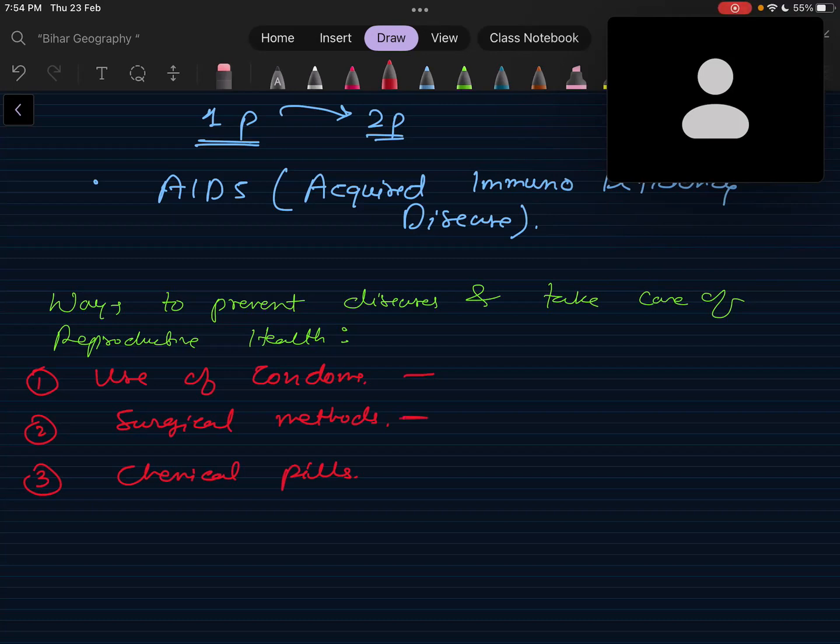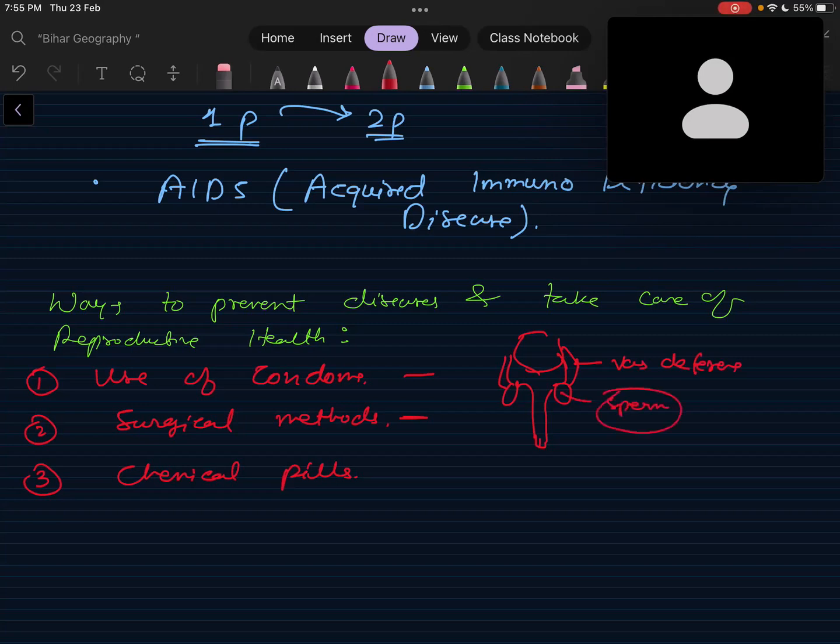Surgical method. In this, what happens is, if you look at the structure of the reproductive organ of male or female, there's a tube that carries the sperm from the testes. This tube is called the vas deferens. In the testis, sperm is being produced.